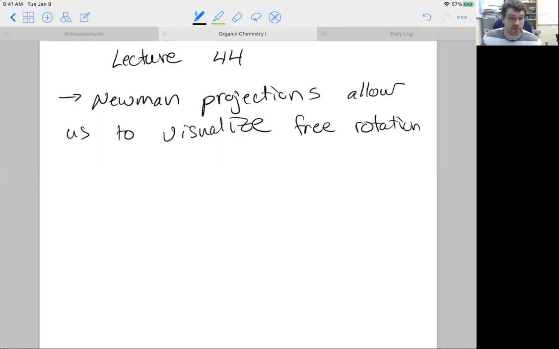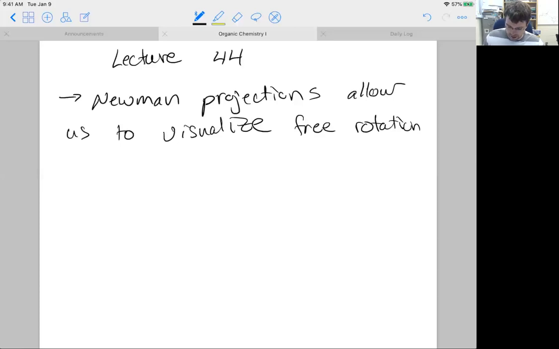I was able to do it quickly because I've been doing this for a while, but I'm guessing many of you still don't really know how I was able to do the free rotation so cleanly. It's because I've done so many rotations with Newman projections that I'm able to see these things a little bit easier with a seesaw structure depiction.